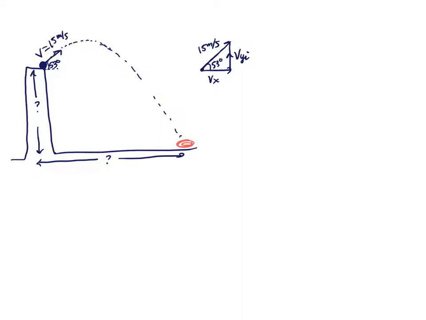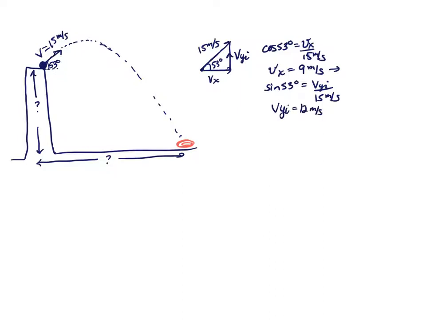Cosine 53 is Vx over 15 to get Vx, which is going to be approximately 9 meters per second to the right. And then we can use sine of 53 degrees to get Vy initial, opposite over hypotenuse. And that gives us that Vy initial is 12 meters per second up, so positive 12 meters per second.